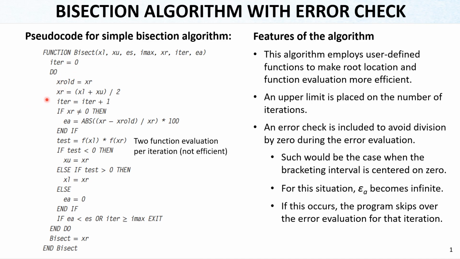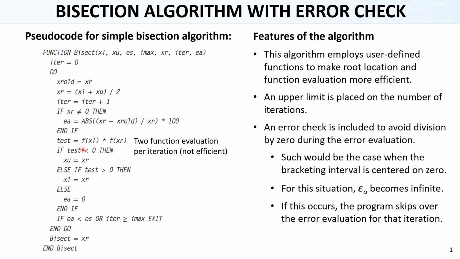Then we obtain a new XR by dividing these, and we increase the iteration. Then if XR is not 0, we calculate the approximated error basically using this, or we can also use XL and XU values in here.